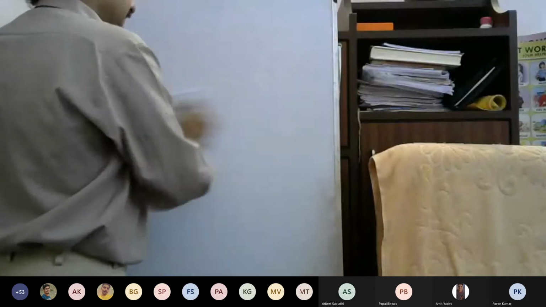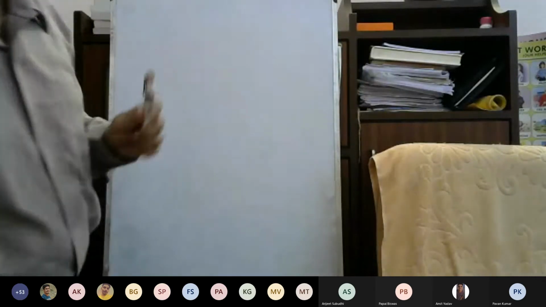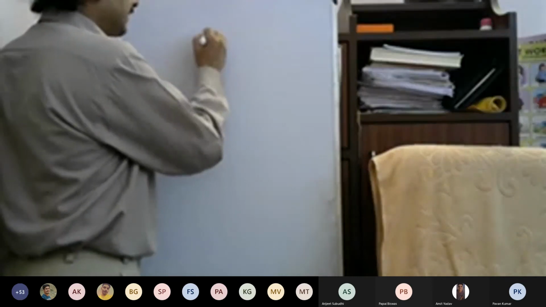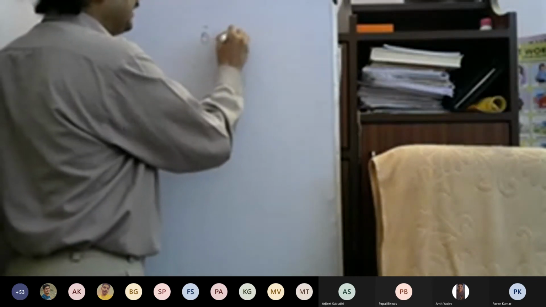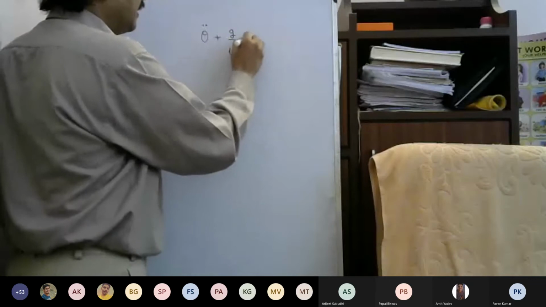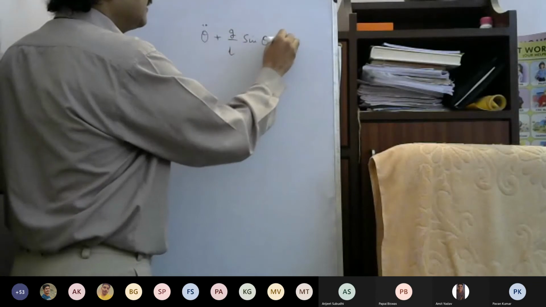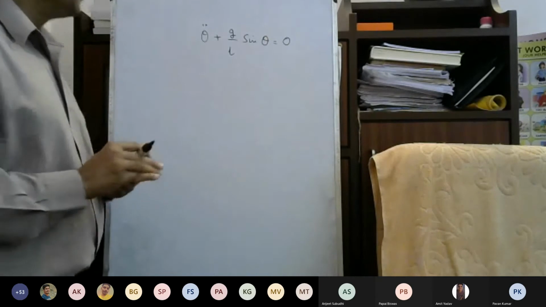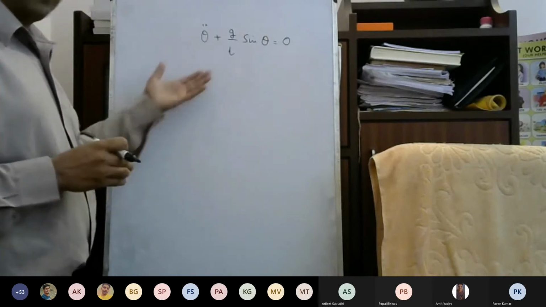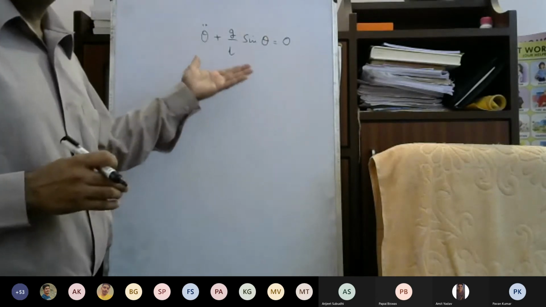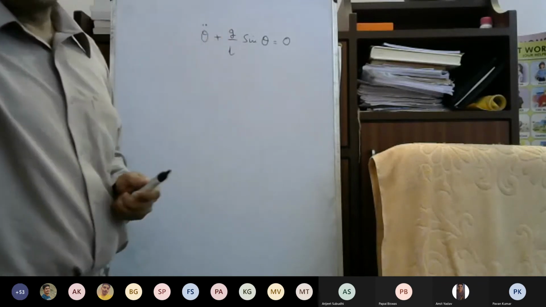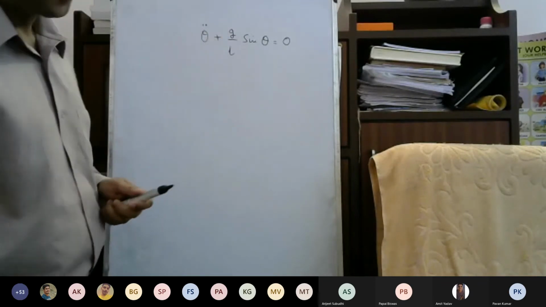You now see the equation of motion here. I have already written it: theta double dot plus g by L sine theta equal to 0. It was very simple to write down here, because there is a single particle and we had only a single restoring force.